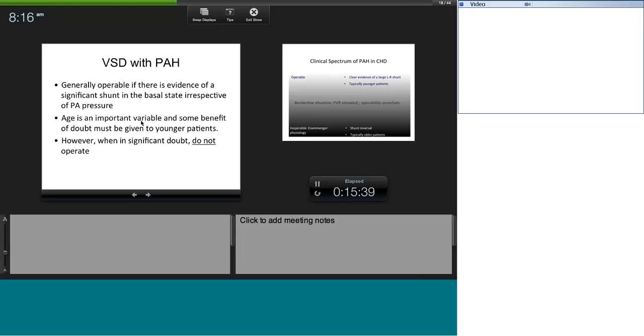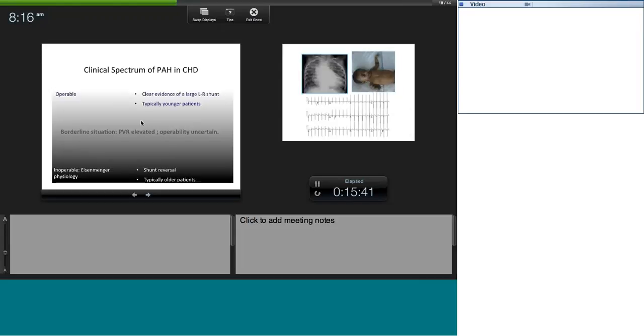So that's the rule that we follow. And we tend to have this spectrum of situations. Clearly operable situations are obvious left to right shunts, typically younger patients; inoperable, shunt reversal, typically older patients; and borderline situations, which challenge us every now and then.